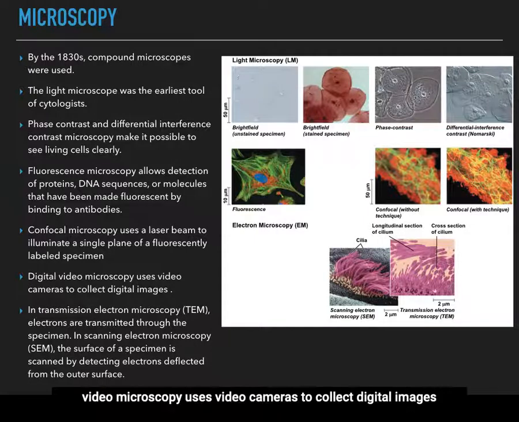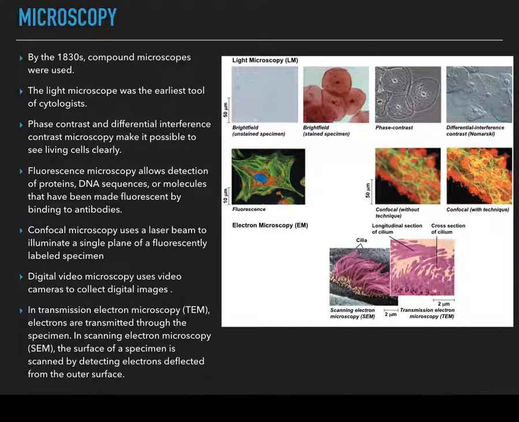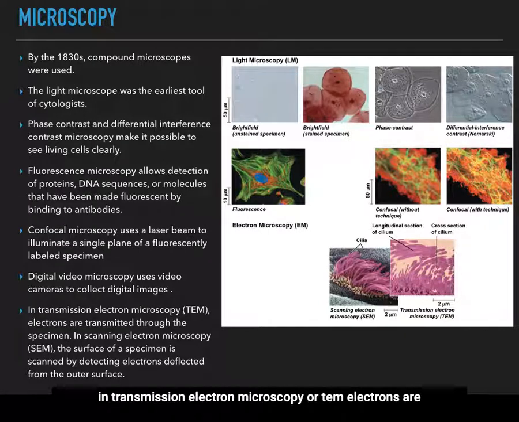Digital video microscopy uses video cameras to collect digital images. In transmission electron microscopy, or TEM, electrons are transmitted through the specimen. In scanning electron microscopy, SEM, the surface of a specimen is scanned by detecting electrons deflected from the outer surfaces.